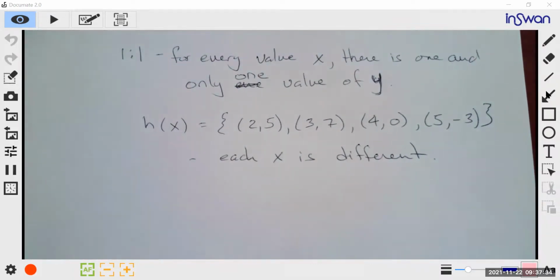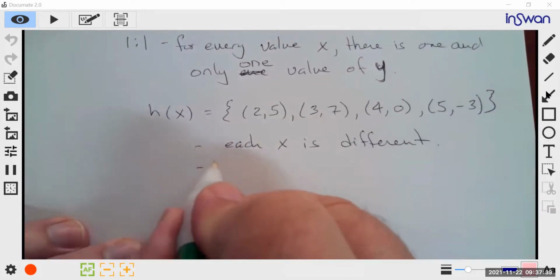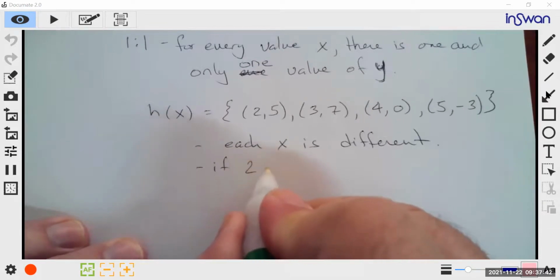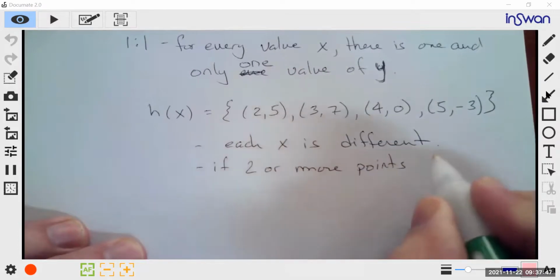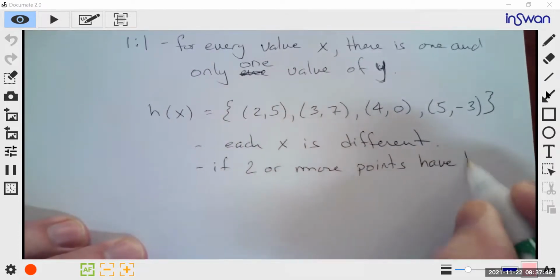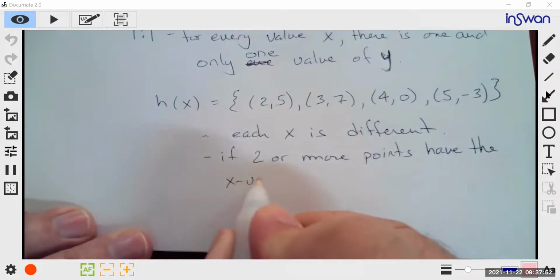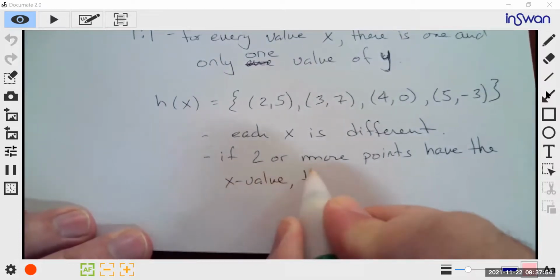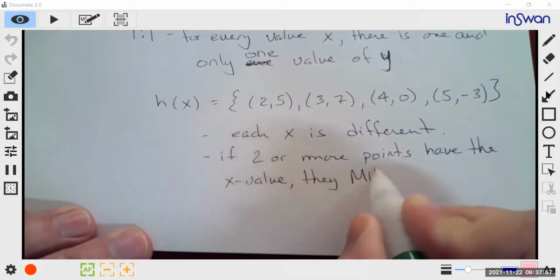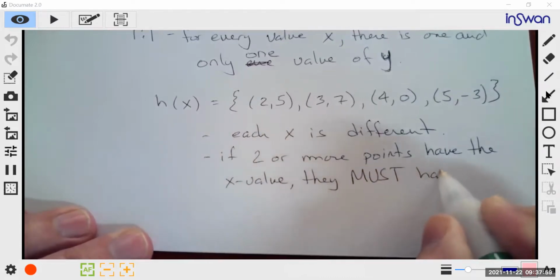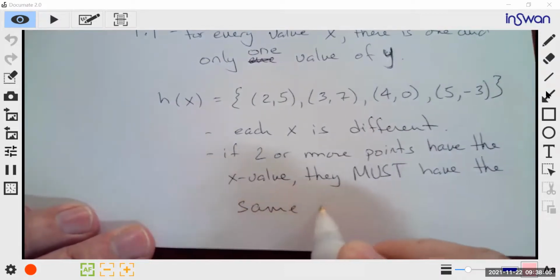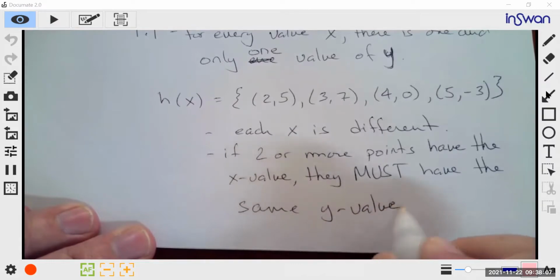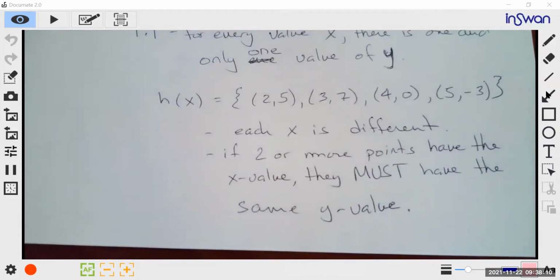If each x is different, it's automatically one-to-one. If two or more points have the same x value, they must have the same y values. That's one-to-one.